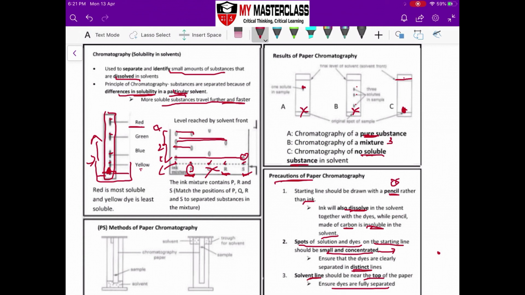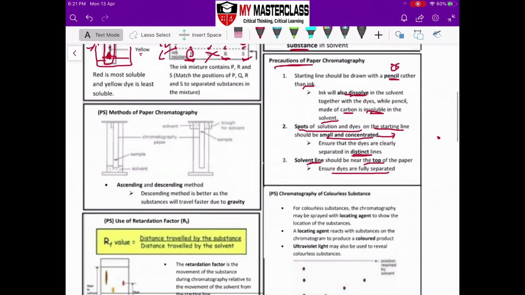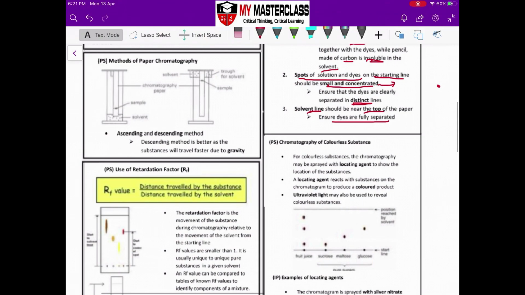What happens if I stop all the way here and there is a dot here? Then if I stop here immediately, I cannot see this separation. So I must let it run all the way close to the top so that this last dot, which is very soluble because it's the furthest away, can be seen. So this allows for effective and maximum separation.